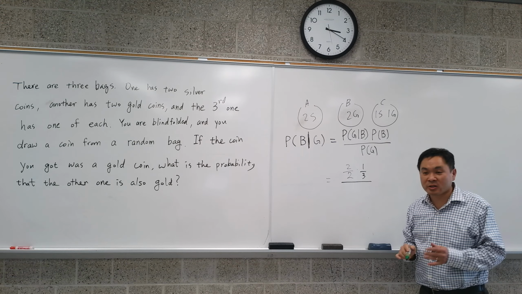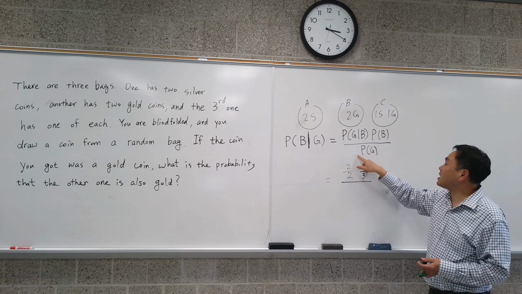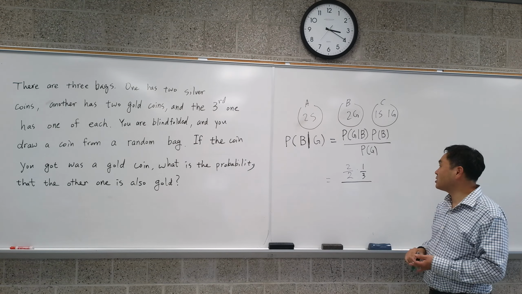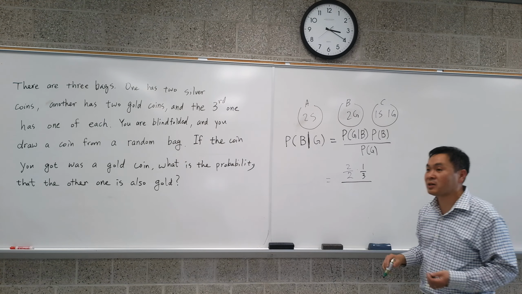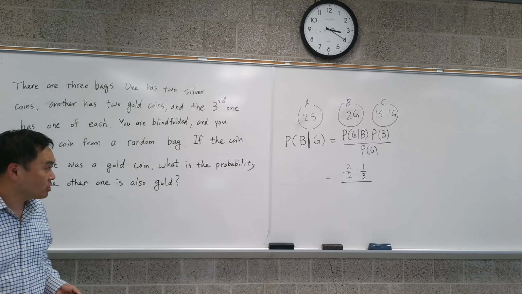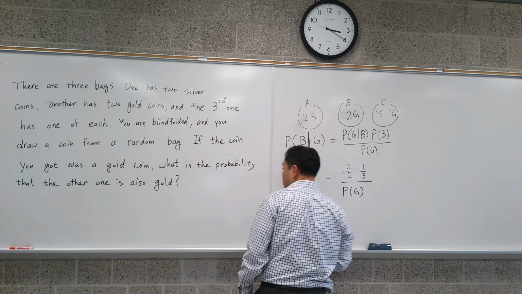And usually when you apply the Bayesian theorem, the denominator is what's challenging. P of G is always the challenge. And P of G in many cases is obtained by using the summation rule. So we'll just leave it like this for now, but let's think about this.